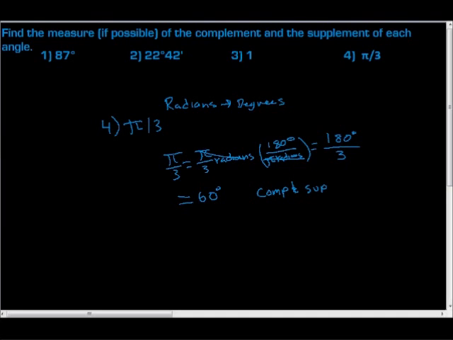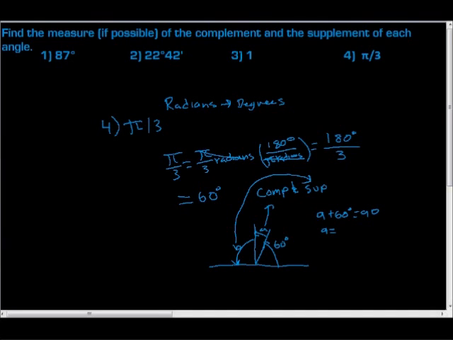Anyway, so our complementary and our supplementary angle, if we go ahead and map that out, then we can see here we'll just draw our 60-degree angle right there, and then we'll have point A. It's going to be right here, and then we'll go ahead and make this point angle B. And so our complementary is going to be A, and our supplementary is going to be B. And so our A plus 60 degrees equals 90.